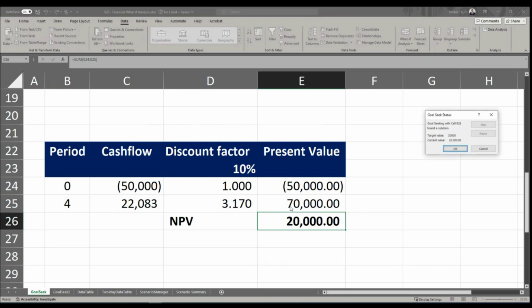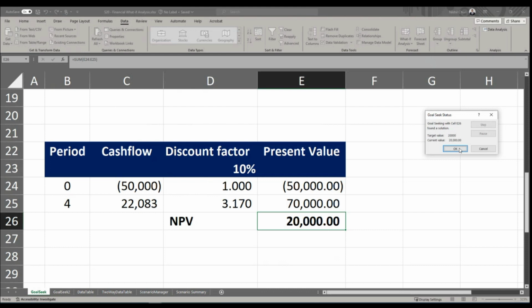And while doing so, it did its trial and error repeated iterations, and it is telling me that in order for me to achieve a net present value of 20,000 by changing the cash flow, I want the cash flow in each of the 4 years, year 1, 2, 3, 4, to be $22,083.